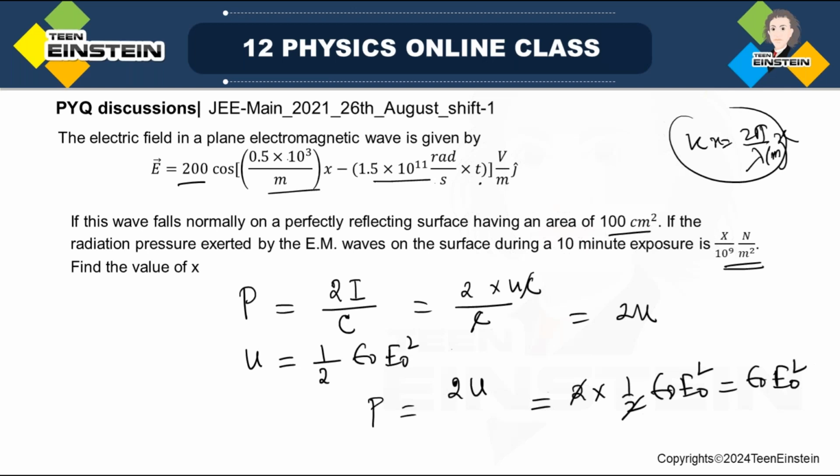The question says the electric field in a plane electromagnetic wave is given by E vector is equal to 200 cos of this.